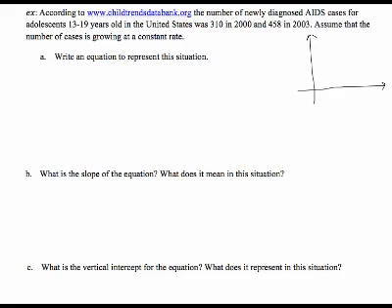One way would be to let the year be the independent variable, going down here. The number of AIDS cases depends on the year, so that's the dependent variable.